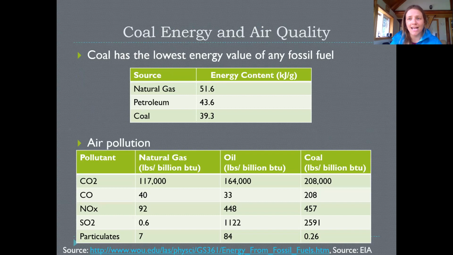So natural gas has the highest, petroleum has a medium amount, and then coal has the lowest amount of kilojoules, so 1,000 joules, that are able to be produced per gram of this material burned. So first of all, we're just not getting as much bang for our buck in terms of how much energy we're getting from the coal.